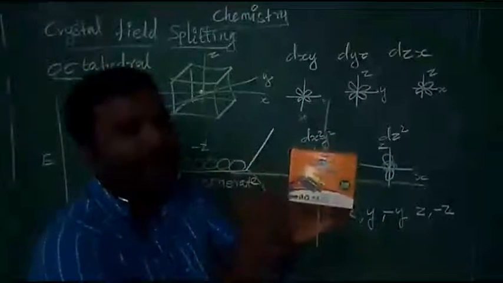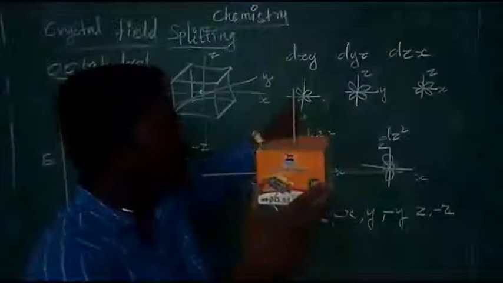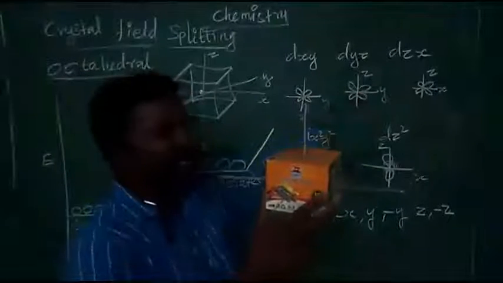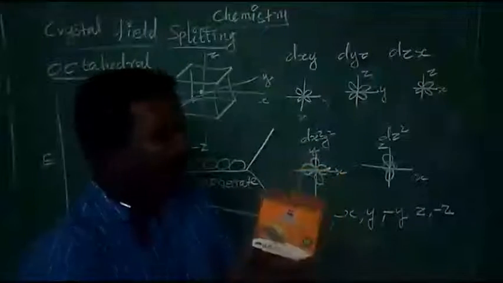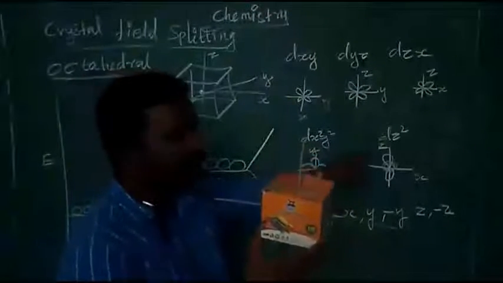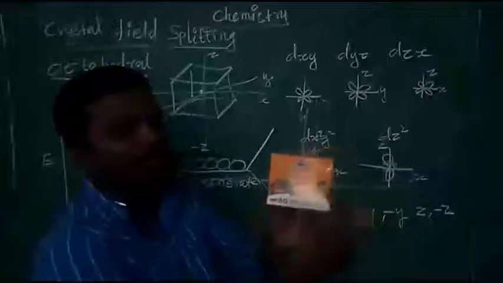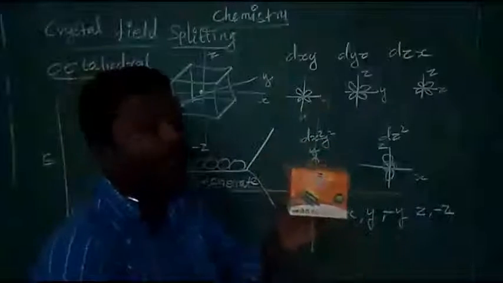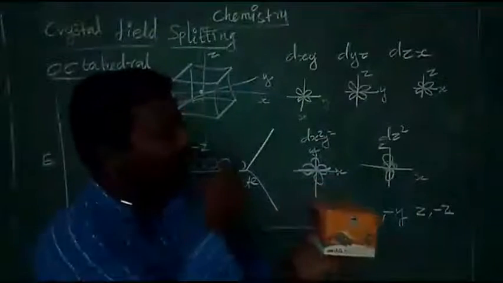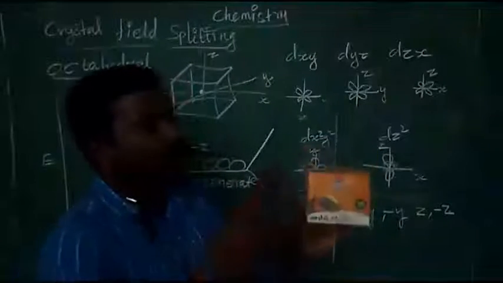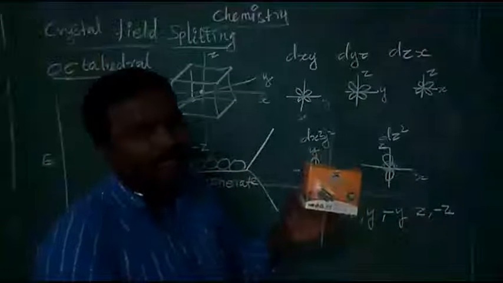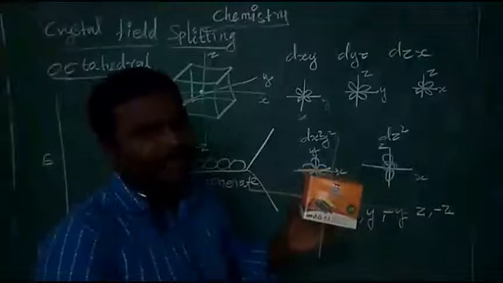The dxy, dyz, dzx are present in between the axes, but dx squared minus y squared and dz squared are present along the axis. Now the ligands are approaching, not this orbital. Previously I told wrongly. So in an octahedral field, how many ligands may be present?